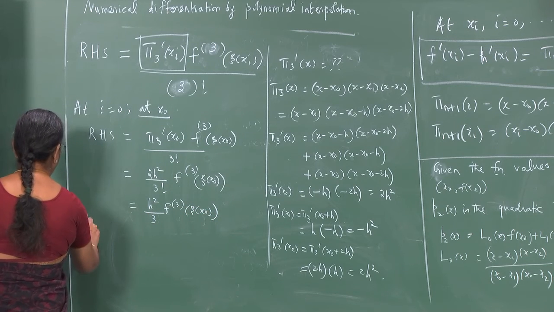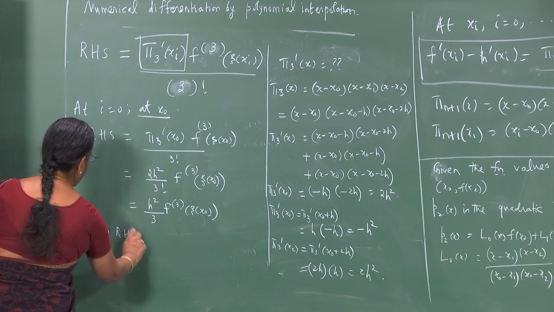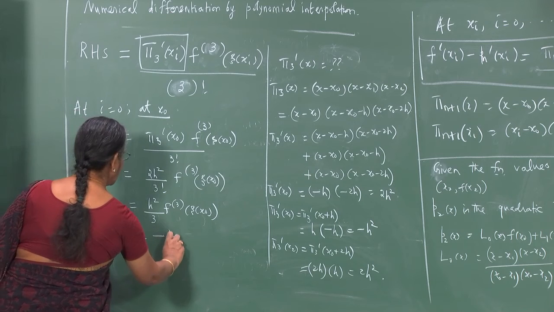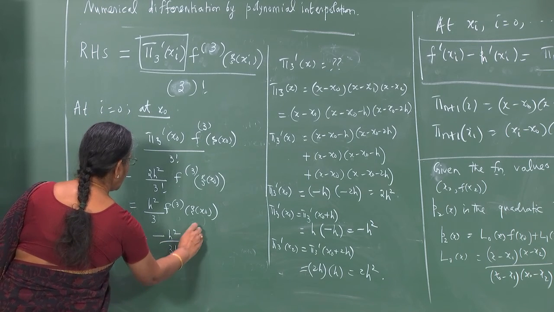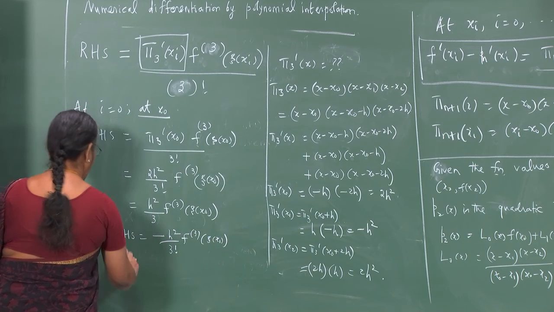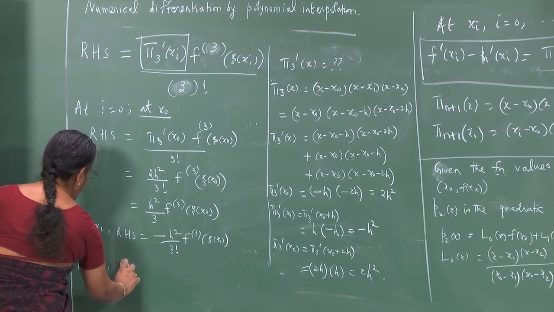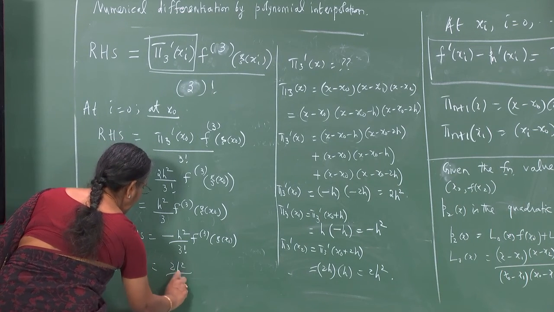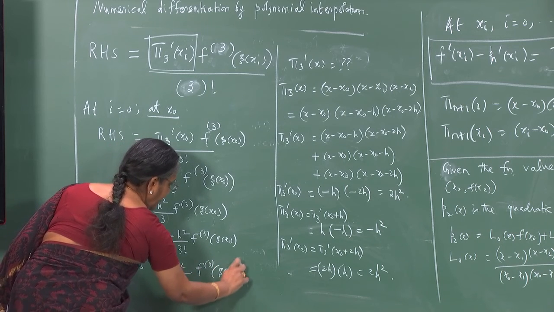Then at x1, the right hand side is going to be pi 3 dashed at x1, so minus h square by 3 factorial into the third derivative psi of x1. And then at x2, we have the right hand side to be given by 2h square by factorial 3 into third derivative psi of x2.